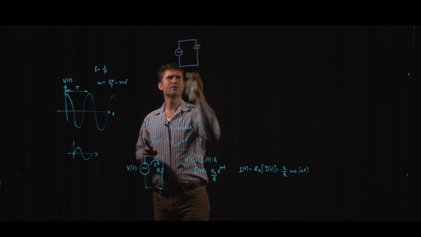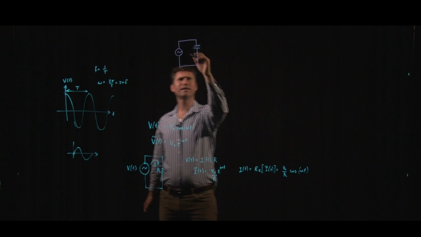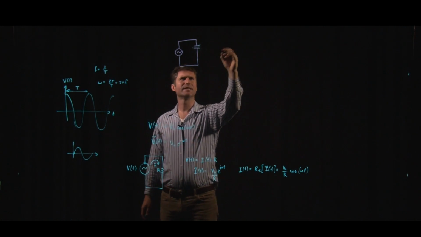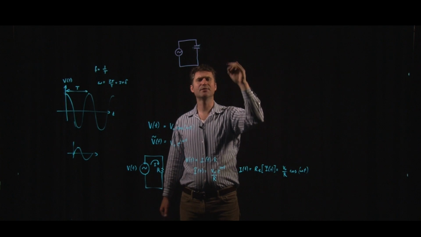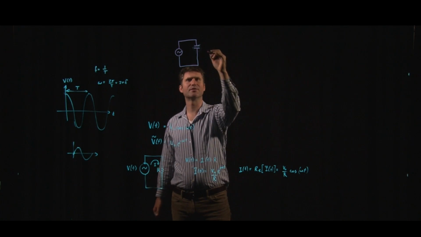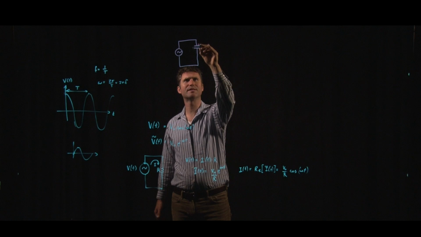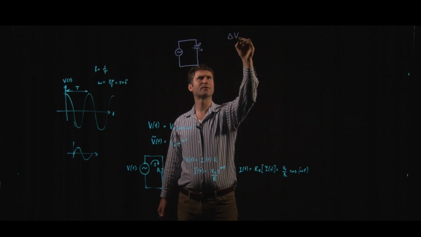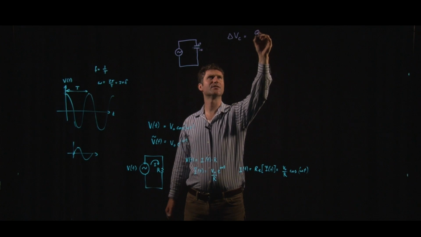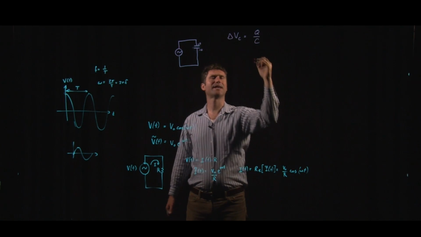And so what we could actually say here is that I know that the voltage drop across a capacitor has to do with how much charge is being stored on either side. So we might have a plus Q on one side and a minus Q on the other side. The voltage drop across a capacitor is defined as the charge per capacitance.